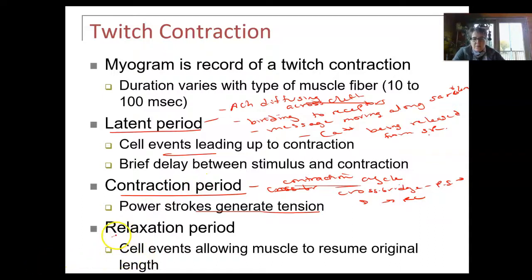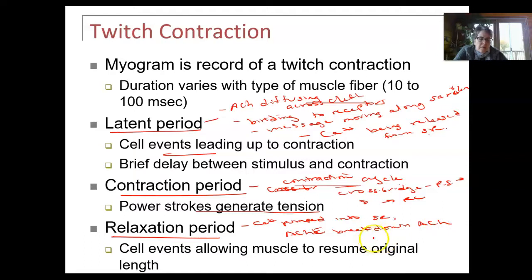And then from there, my third one is the relaxation period. What is happening? Well, I'm using ATP for calcium to be pumped back into the sarcoplasmic reticulum, acetylcholinesterase breaking down acetylcholine, actin blocked, and the sarcomere returning to resting length.